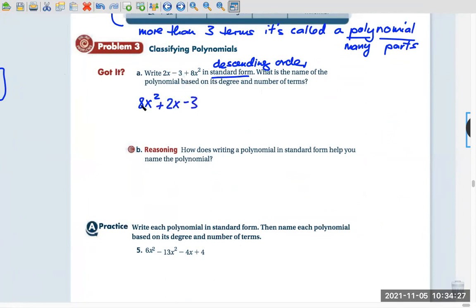You watch your signs. The signs in front are the ones you take with you. So this is degree 2, the highest power. It's called a trinomial because we have 3 parts, 1, 2, 3.